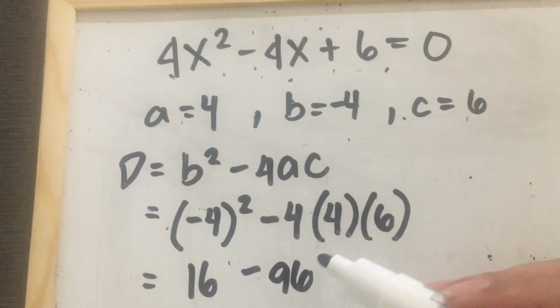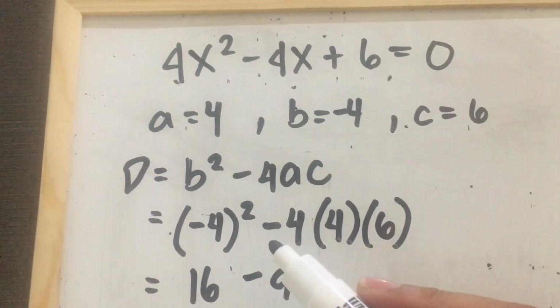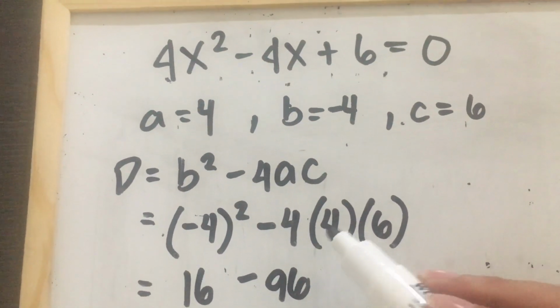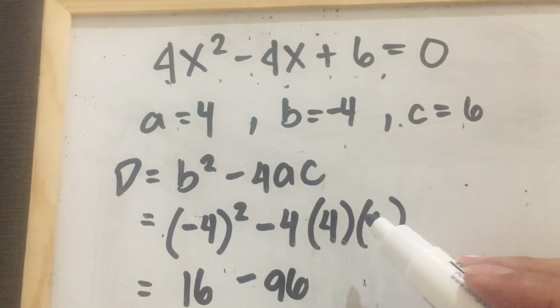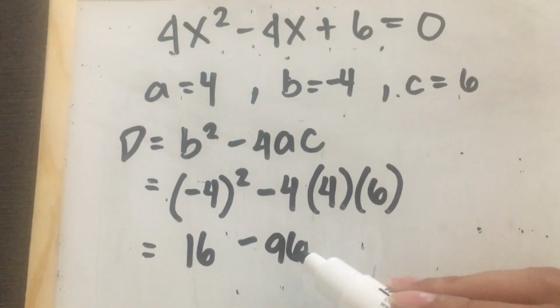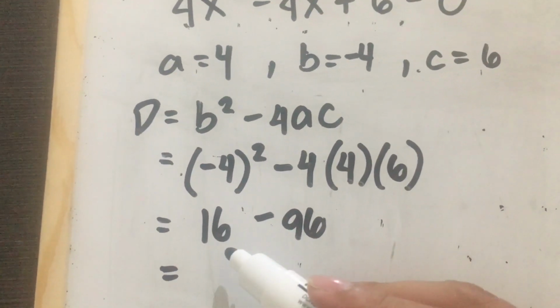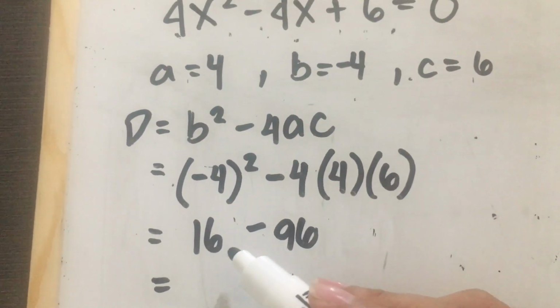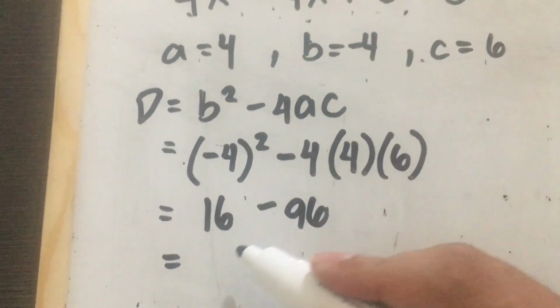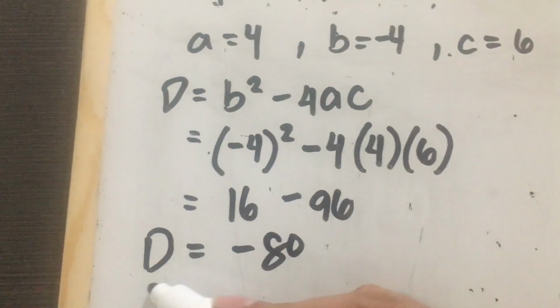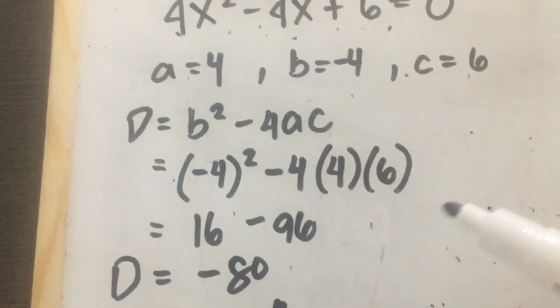You can use your calculators. So let's simplify: +16 minus 96 is -80. Therefore, our discriminant is -80.